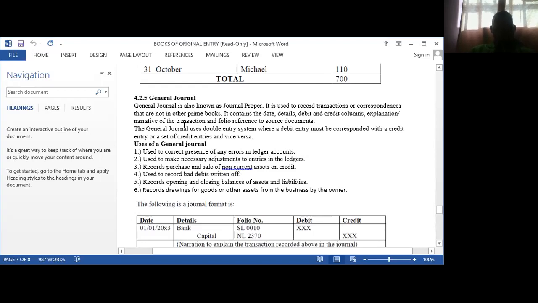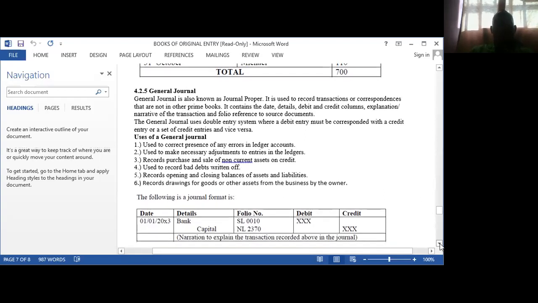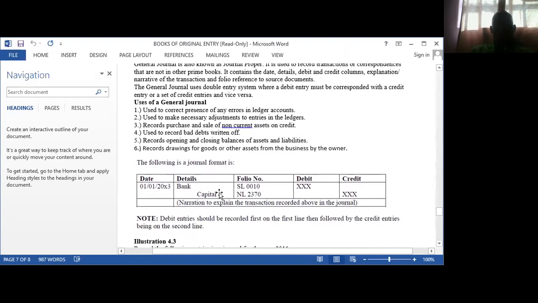You find that the general journal has a slight difference in terms of format. It has the date, the details, and the debit and credit columns. The details column is going to have two accounts. Anytime you do a transaction, remember we said from the ledger that two accounts are going to be affected: one to be debited and the other to be credited.